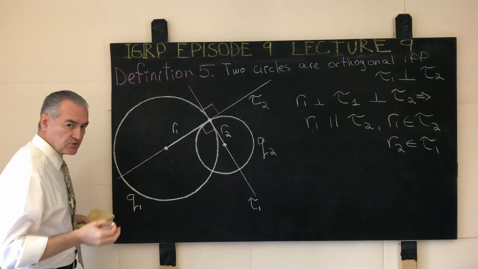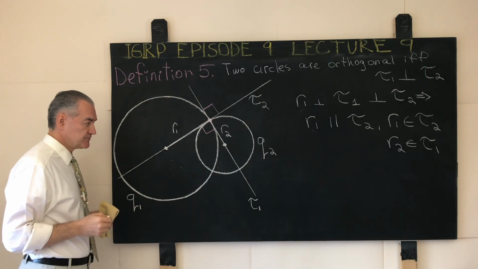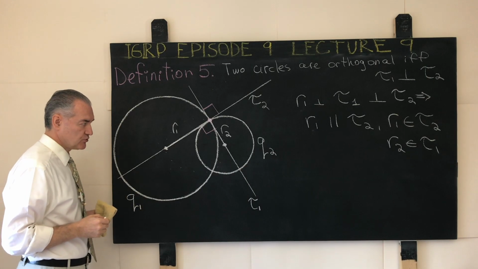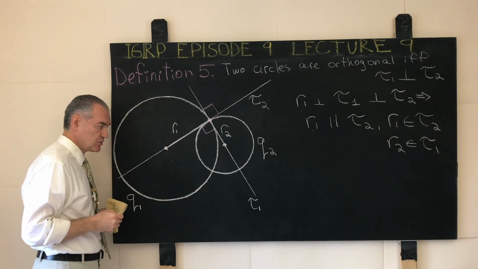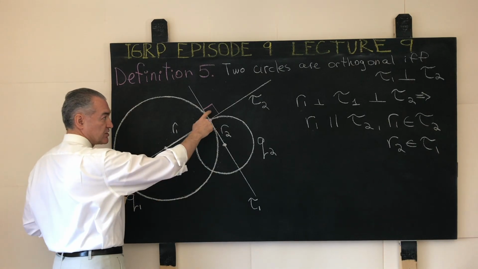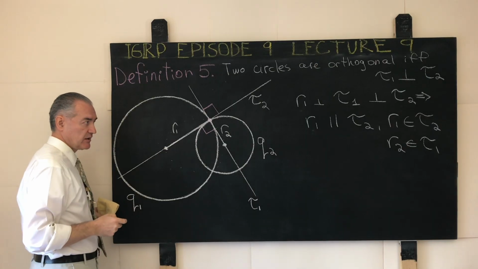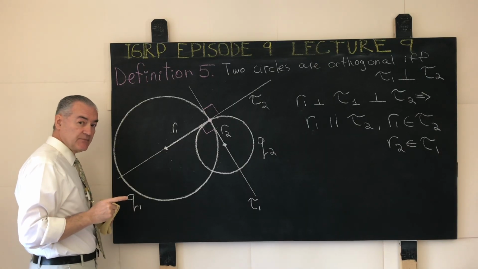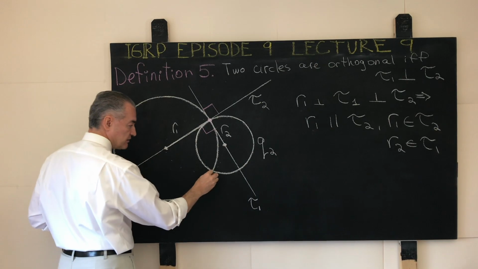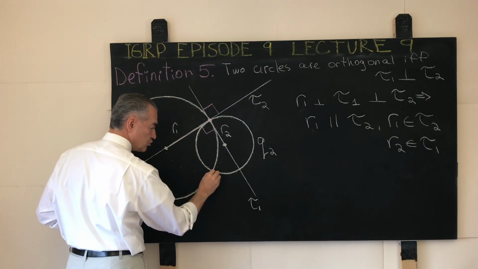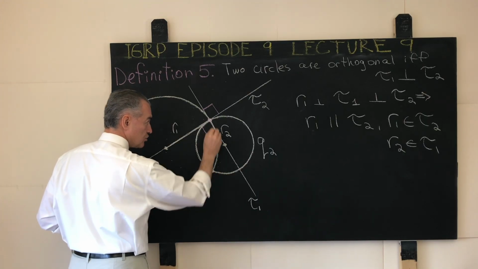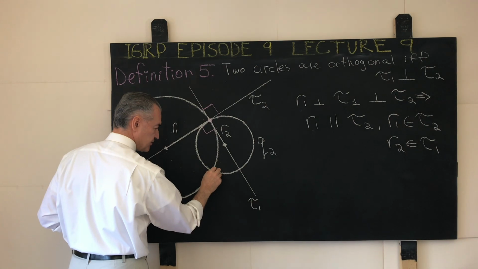And as a good exercise that I will leave out of the scope of this course, our viewers can prove that such an angle, whatever that angle is, does not depend on at which point this angle is measured across the two points over which the two circles intersect.